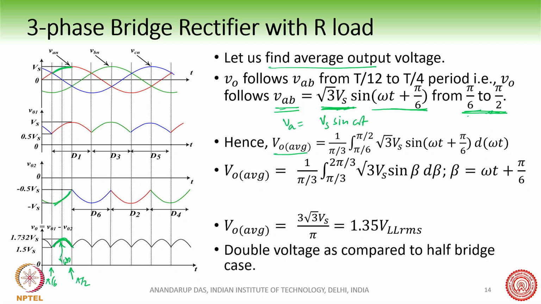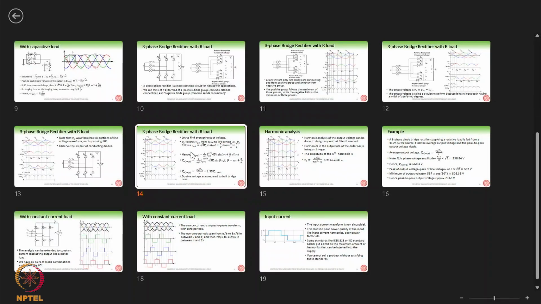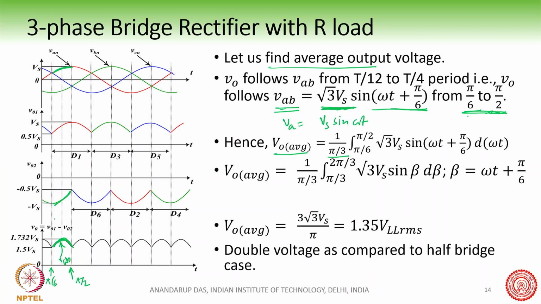Therefore we just have to integrate to find the V0 average. We have 1 by pi by 3, since this duration is pi by 3, integrating from pi by 6 to pi by 2 of root 3 Vs sine omega t plus pi by 6 d omega t.